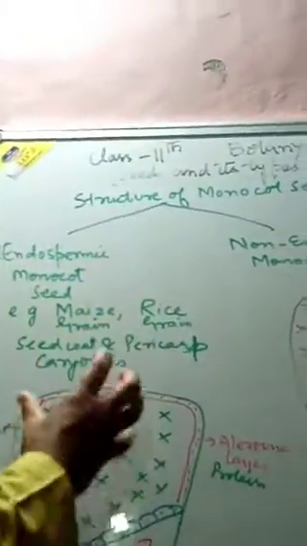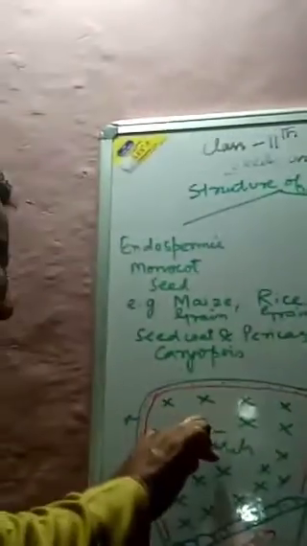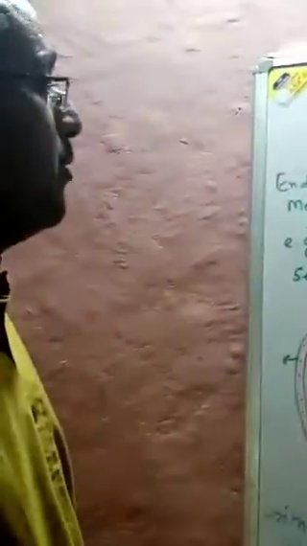Actually it does not behave like that, but indirectly it behaves like a cotyledon, because whatever food is in the endosperm gets digested, then that digested food is absorbed by this scutellum, and the food there is used for the development of this embryo. So this was the endospermic monocot seed.